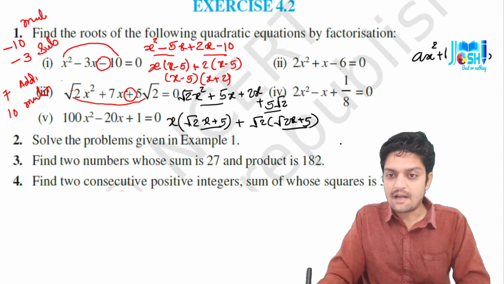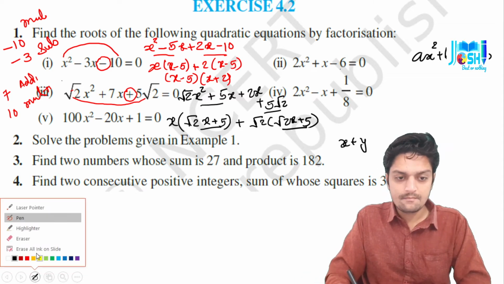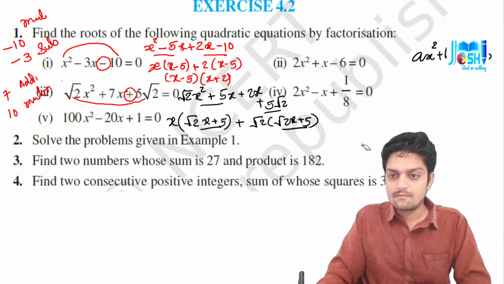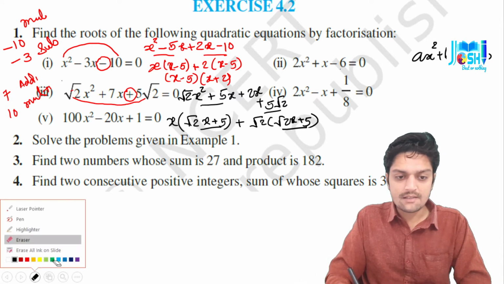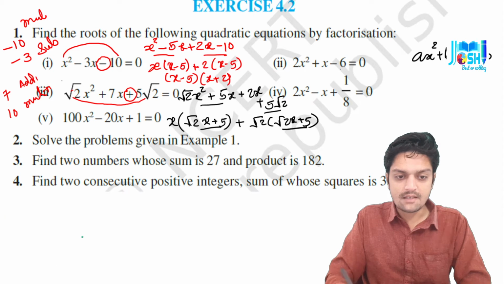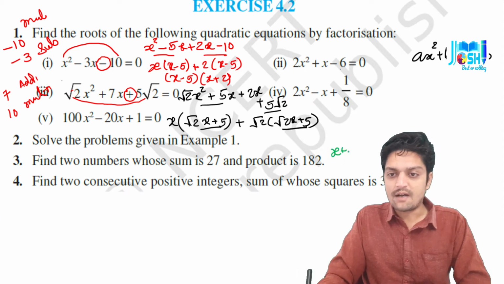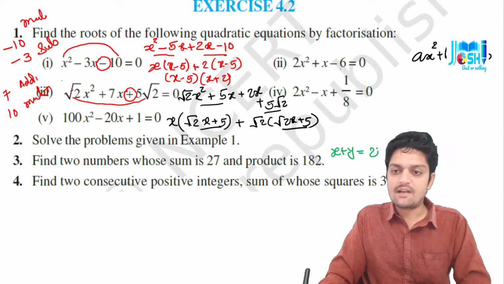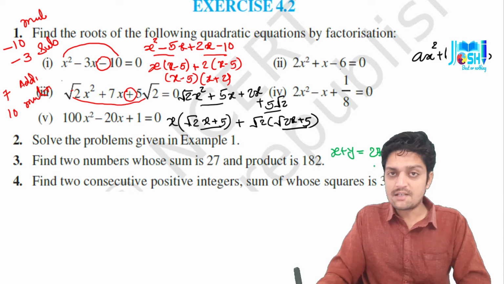So I would like to write here x plus y. By green pen now I am writing this question so that it will not be mixed up. So x plus y is 27, and the multiplication is 182, so x into y is equal to 182.